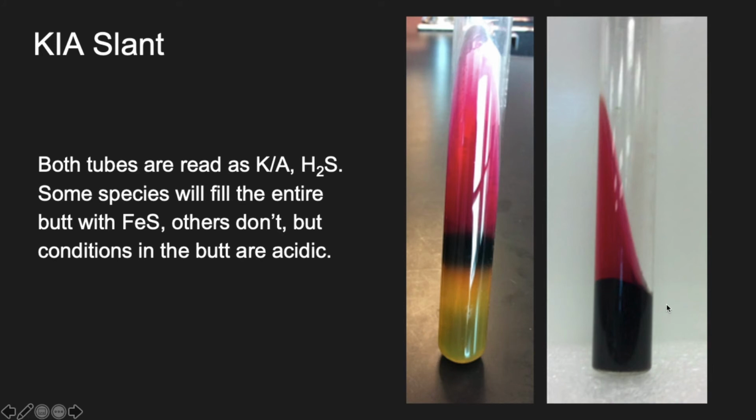It's all just black. But like we said, that black precipitate only forms in an environment that's highly acidic. So we can assume, even though we can't see the yellow color on the bottom of that second test tube, we can assume that whole environment is acidic. And that's why both tubes would read as K over A. Okay? So K over A.